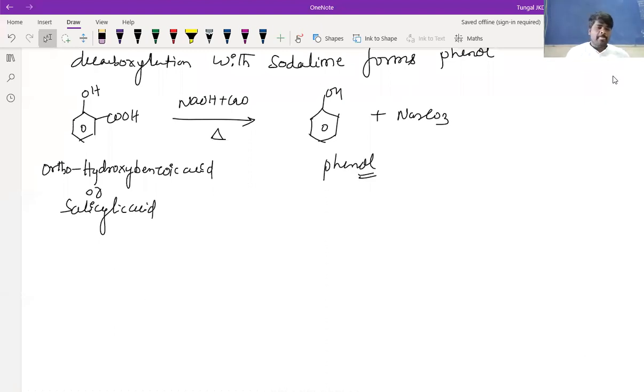One more method is called Dakin's method. What is this Dakin's method?